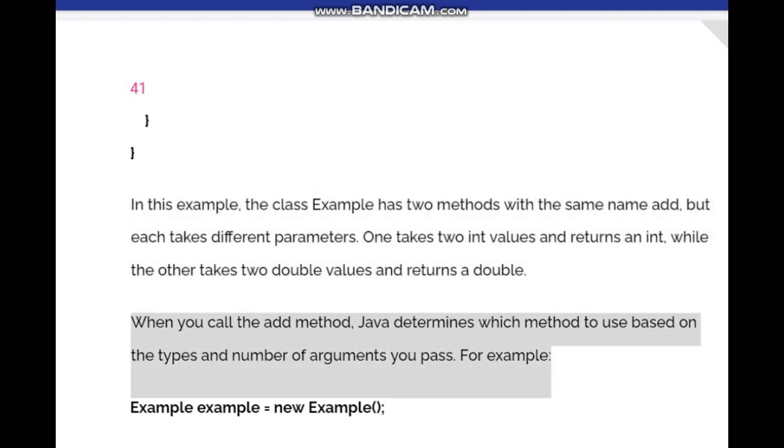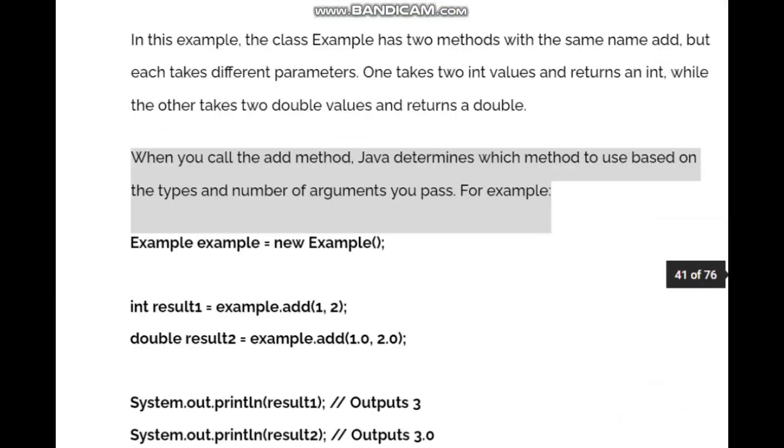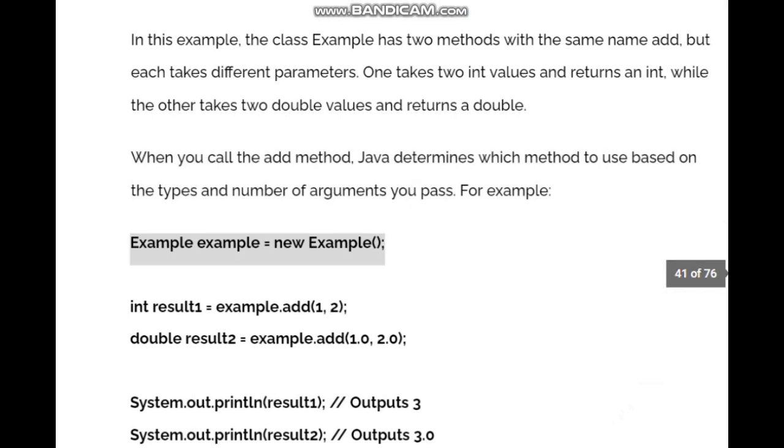For example, Example example = new Example(); int result1 = example.add(1, 2); double result2 = example.add(1.0, 2.0); System.out.println(result1); // outputs 3 System.out.println(result2); // outputs 3.0.